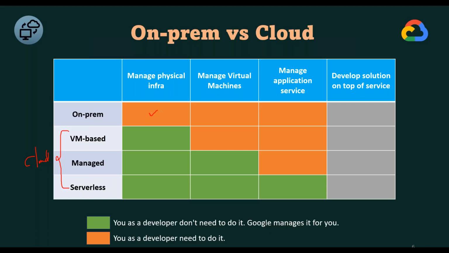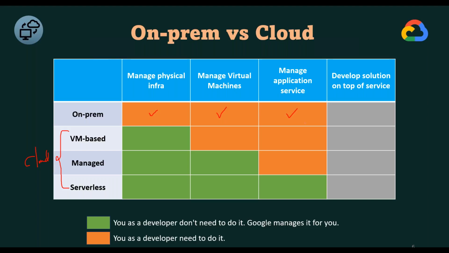Then on top of your physical server, you build virtual machines, because a physical server can be used for only one requirement, but with virtual machines you can go for plenty of requirements. So first you build your physical infrastructure, buying land and building your data center, or just buying a laptop or something like that. Then you build your virtual machines and install your applications.